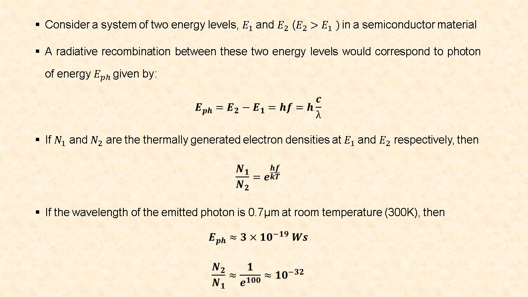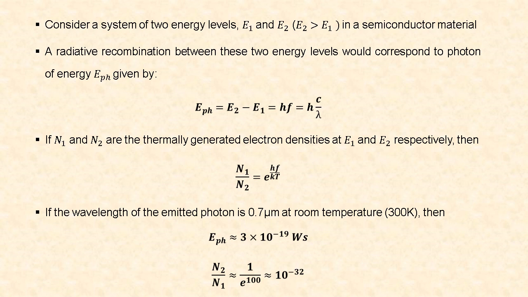A radiative recombination between these two energy levels will correspond to a photon emission, and this photon will have energy E_ph, which is given by E_ph = E2 − E1 = hf = hc/λ, since frequency f = c/λ. C is the velocity of light, λ is the wavelength.